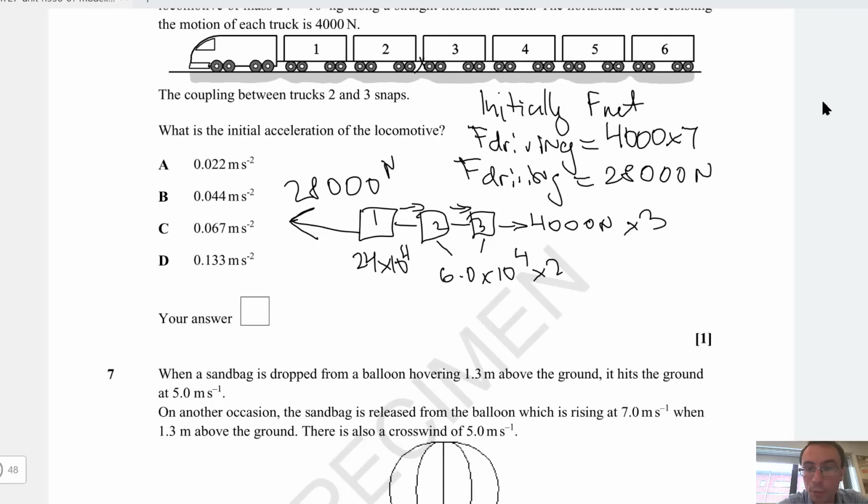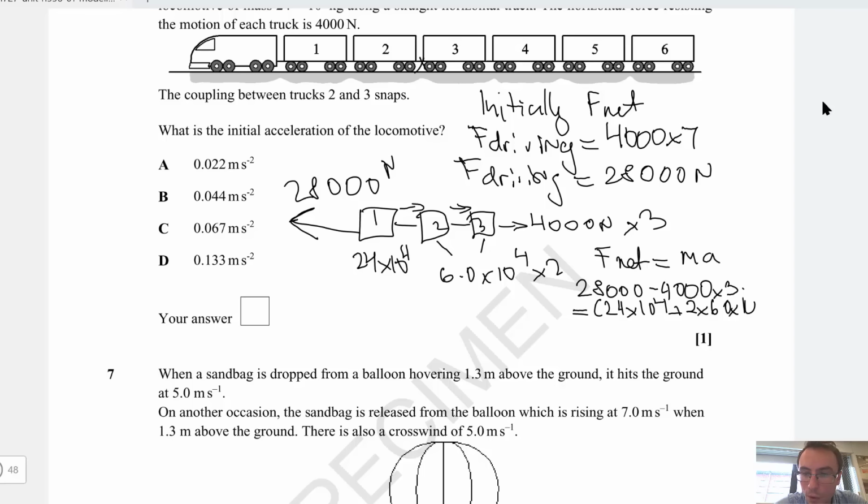So this means that our equation will be that F net is equal to ma. Our net force will be 28,000 take away 4,000 times 3. And this here will be equal to our total mass, which will be 24 times 10 to the power 4 plus 2 times 6 times 10 to the 4, multiplied by the acceleration.